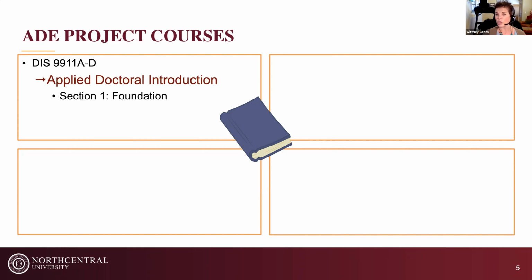The A course is a 12-week course. If you do not accomplish what you need to accomplish in your A course, you move to an 8-week B course. Don't accomplish it there, you move to your C course, which is an 8-week course. If you don't get it done there, then you move to a D course.